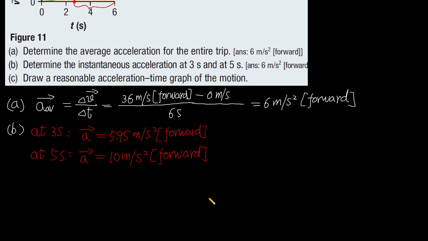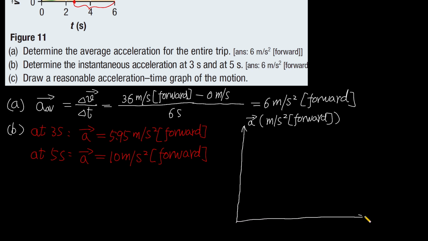Now C. Draw a reasonable acceleration time graph of the motion. The vertical axis is the acceleration. Its unit is meters per second squared forward. And the horizontal axis is the time.